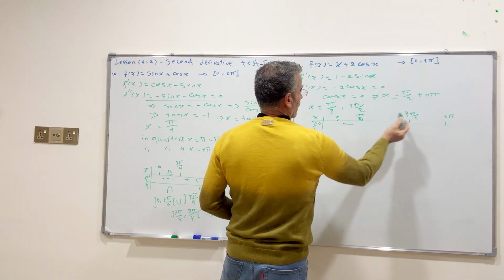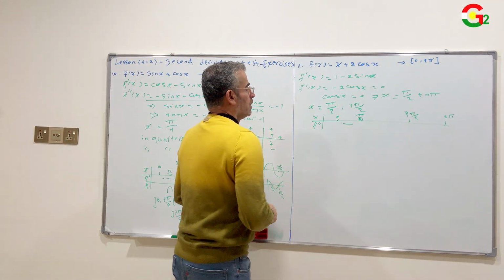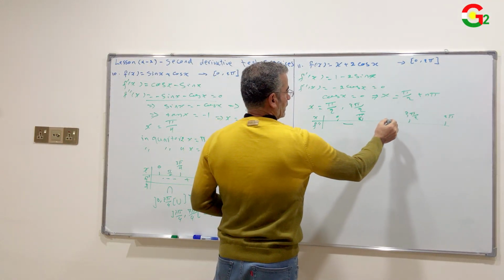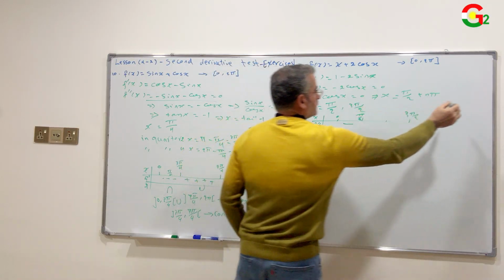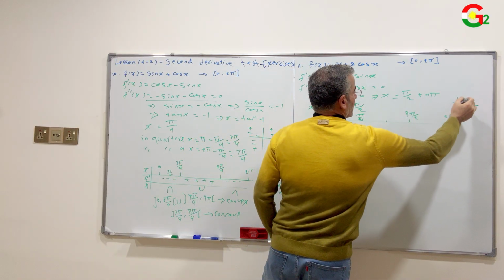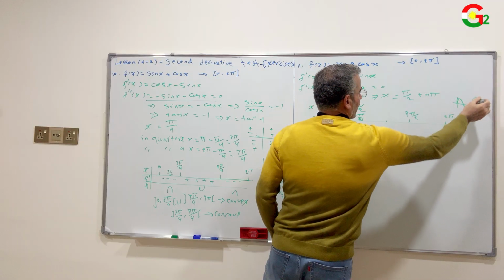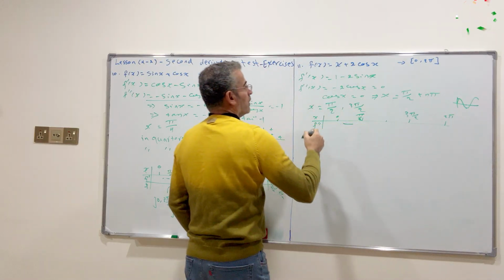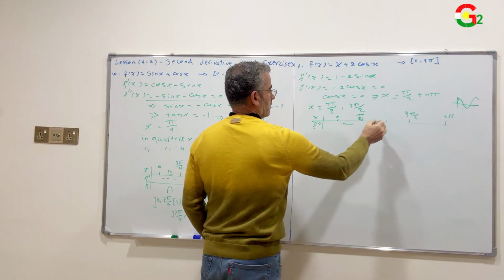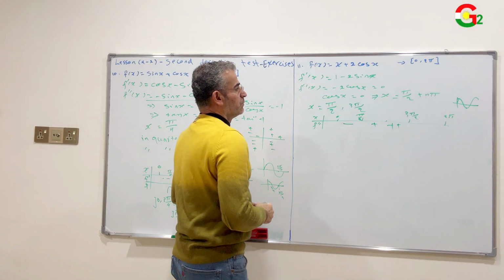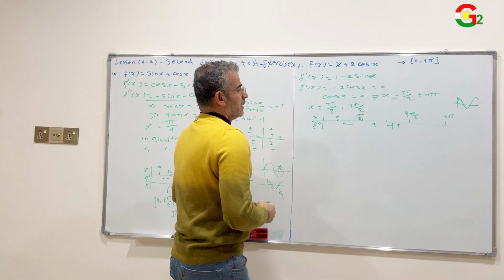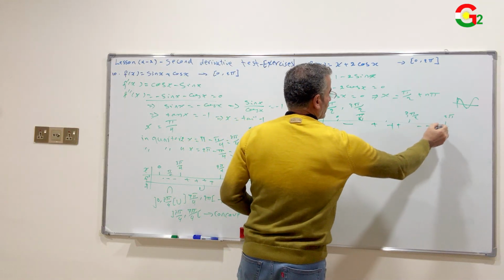Between pi over 2 and 3 pi over 2, take pi. Cosine pi is negative 1, negative times negative, positive, and between 3 pi over 2 and 2 pi, the function will be negative.